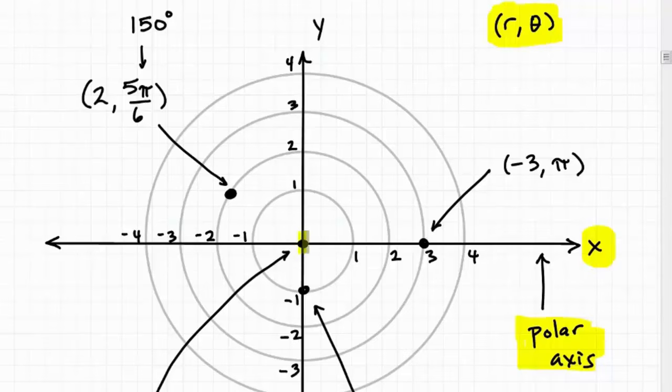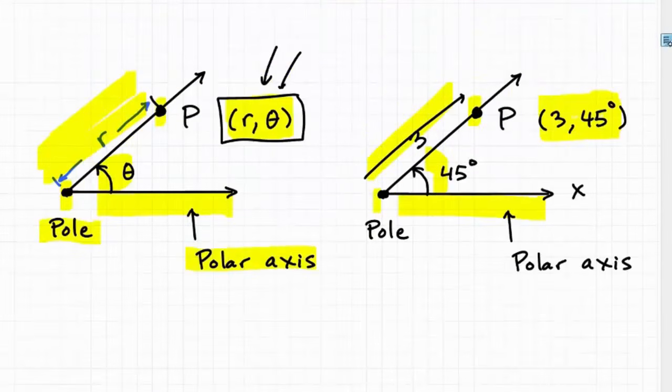The x-axis is the polar axis, and then we're going to describe angles by positive or negative angles. All this stuff you should be familiar with, right? So again, the polar axis for us here is the x-axis, and the pole is at the origin.